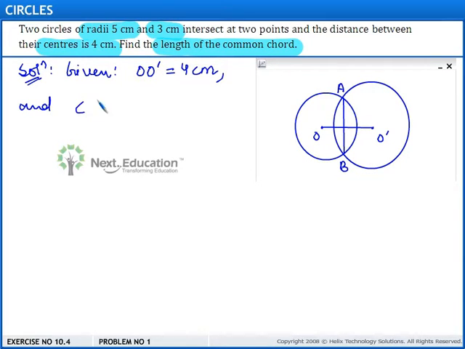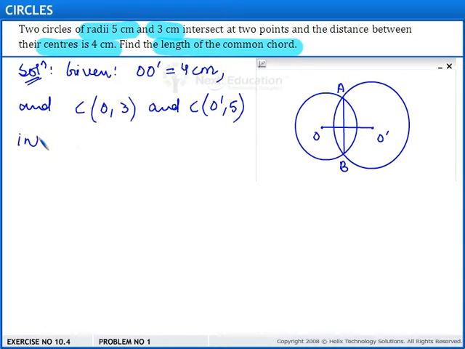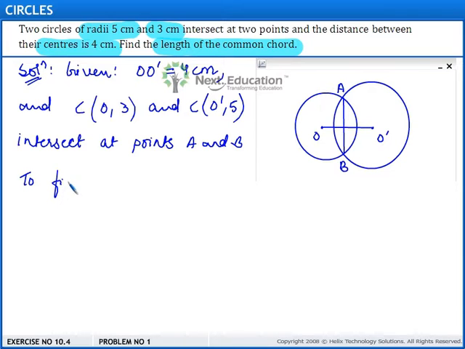The circle with center O and radius 3 and the circle with center O dash and radius 5 intersect at points A and B. We have to find the length of AB.